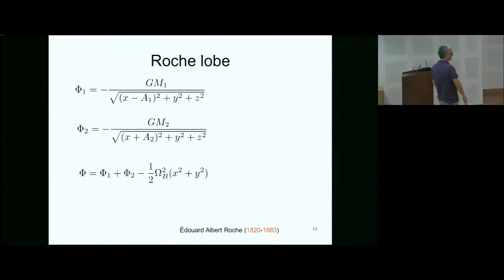So we, of course, have the contribution of the potential of one body, the contribution of the potential of a second body, and there's this third part of the potential, which corresponds to the fact that we think of a particle that is co-rotating with the system.